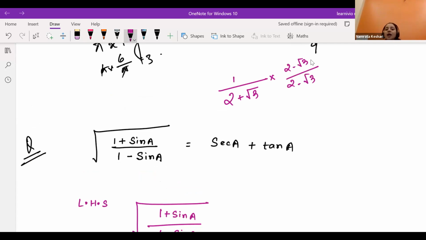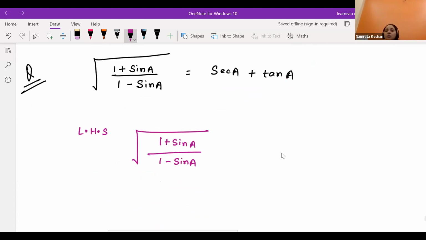Same concept, whenever you have a numerator and denominator like this, if nothing is working, try applying this logic. Most of the time it will work. Here also, in the denominator 1 minus sin A is there.